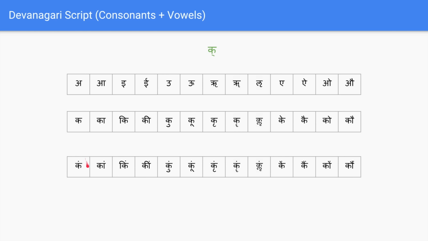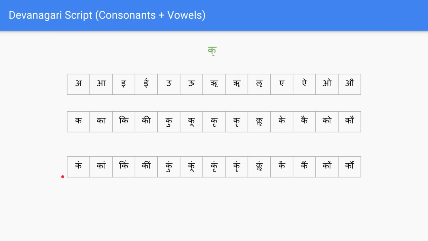So the pronunciation will become kam, kim, kum, krum, kem, kaim, kom, kaum. So an 'm' sound is added at the end. It is called anusvara.